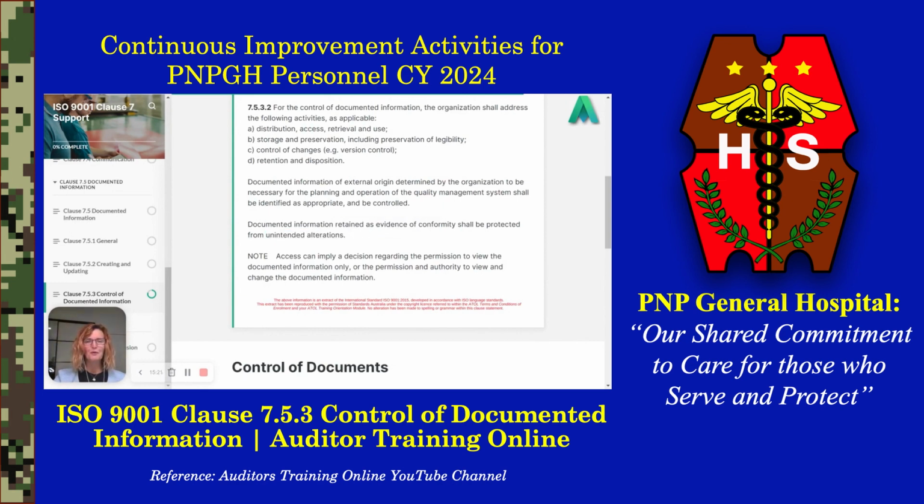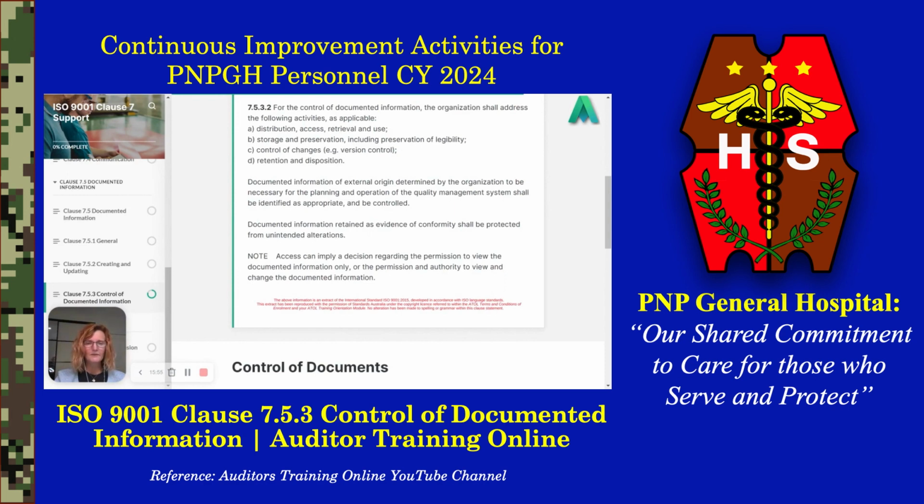If you're retaining evidence, records, you don't want them to be tampered with. So this goes back to access, storage, preservation, retention and disposition. How you're managing this will influence how or if people can make changes to this evidence. So think about that when you're developing your system.